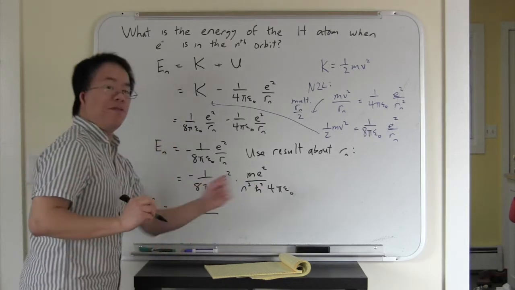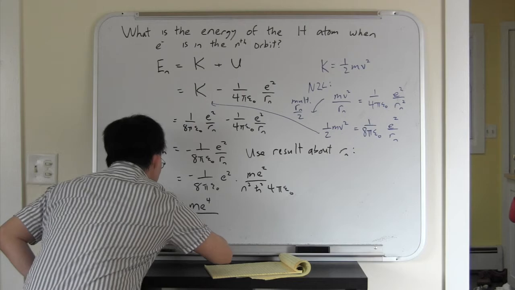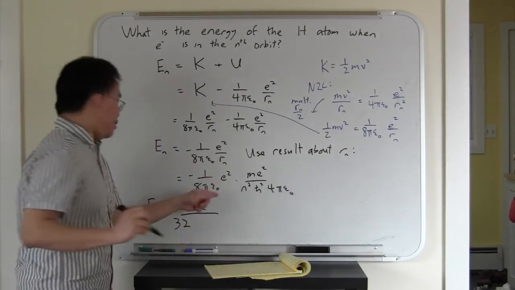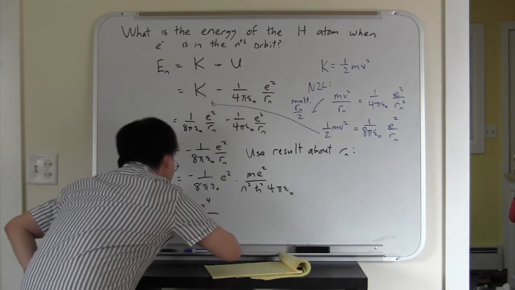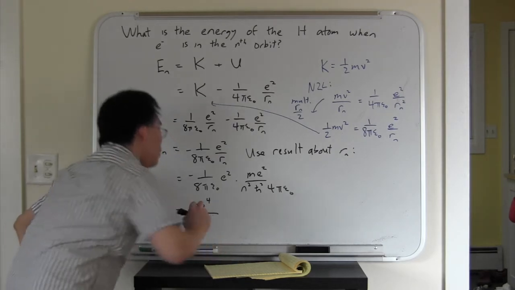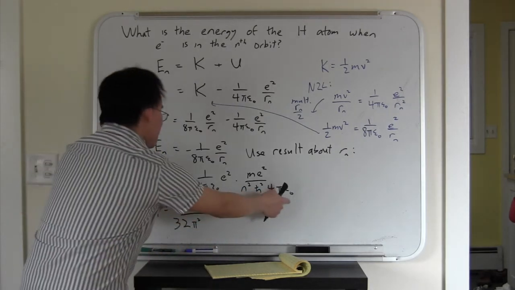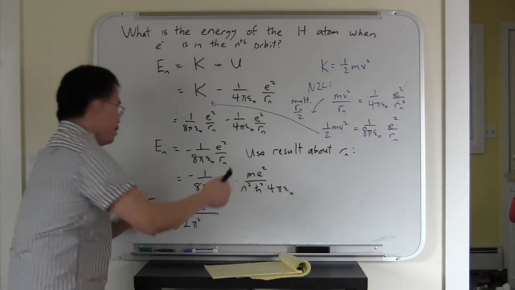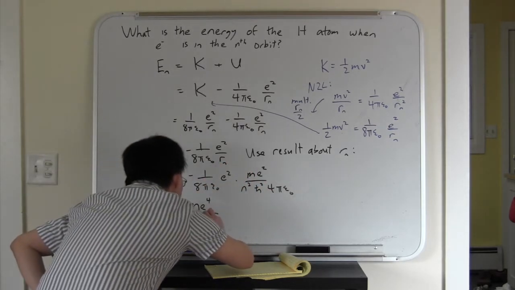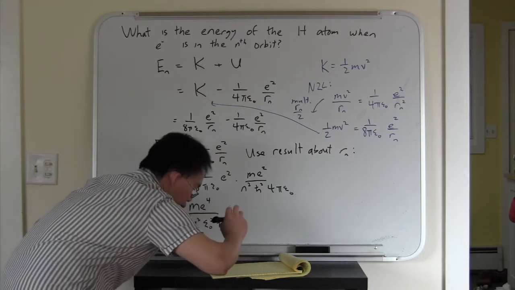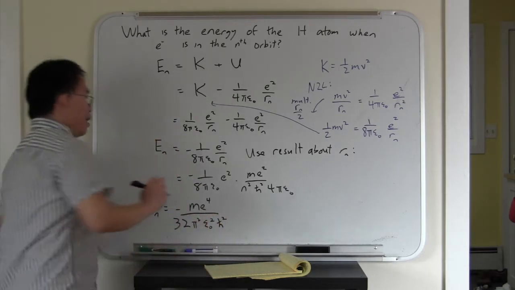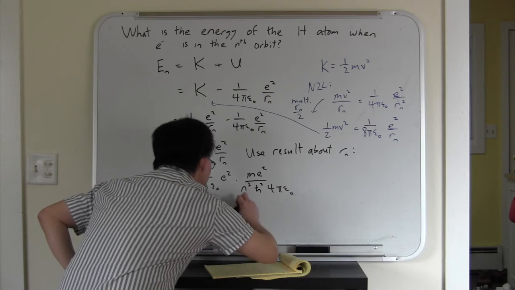Downstairs we have 8 times 4 is 32, 2 factors of pi squared, epsilon naught squared and h bar squared, and then times 1 over n squared.